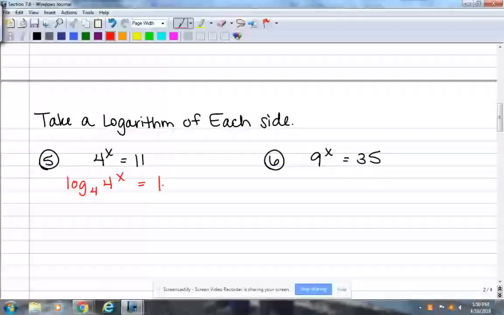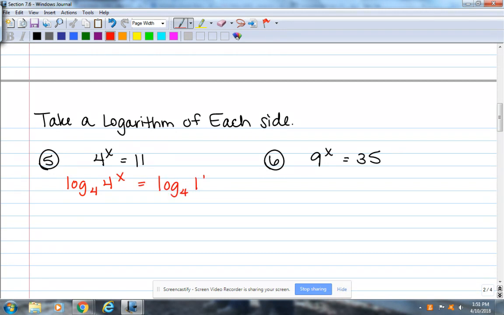Log base 4 of 4 to the x equals log base 4 of 11. Because I want my log to cancel out and just leave me with x. And so remember, log base whatever cancels out if it's the same. So that's why I'm using log base 4.